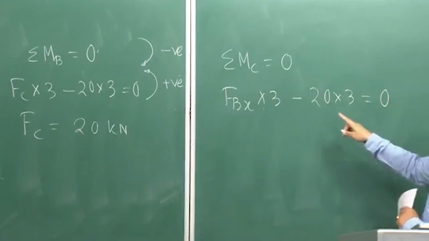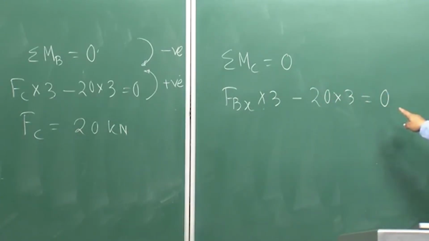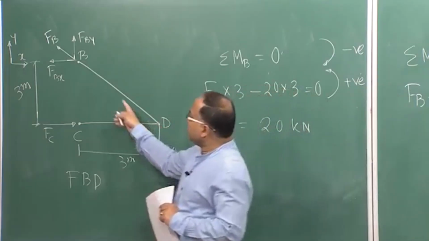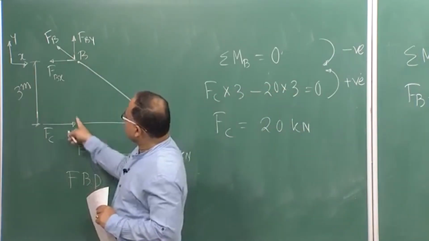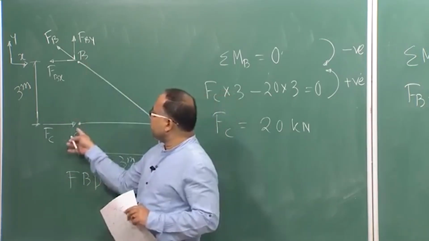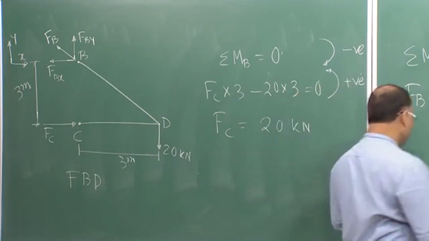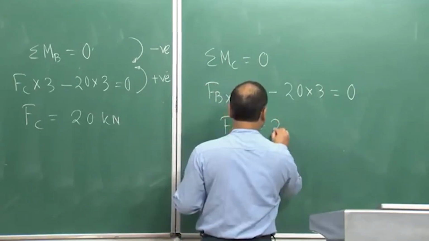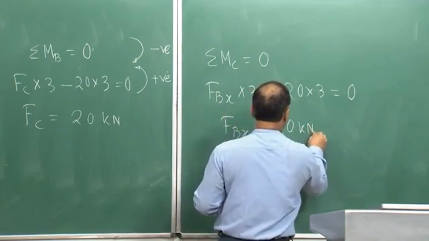So, Fbx into 3 and the 20 kilonewton will be giving you the moment, and Fby is not giving any moment because it passes through point C. From this you get Fbx equal to 20 kilonewton.